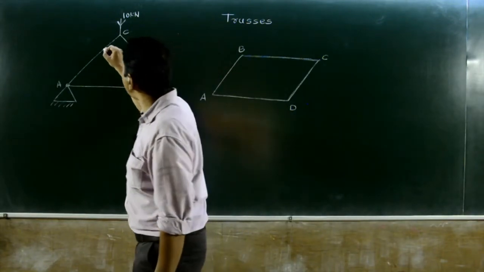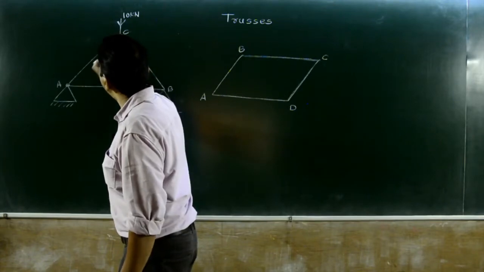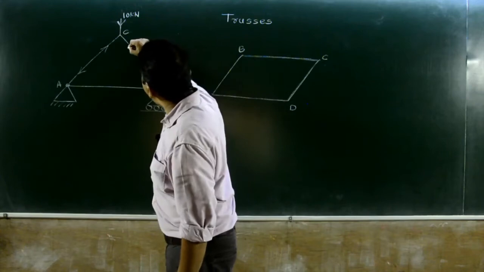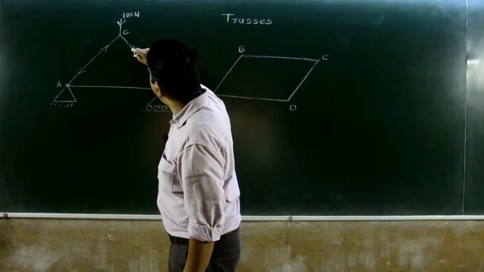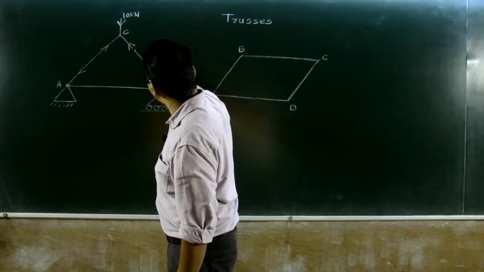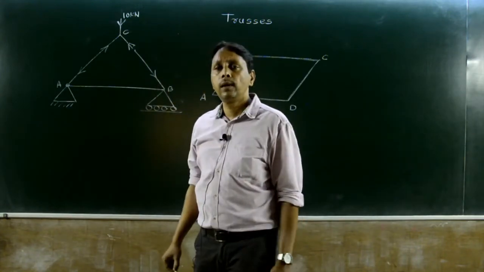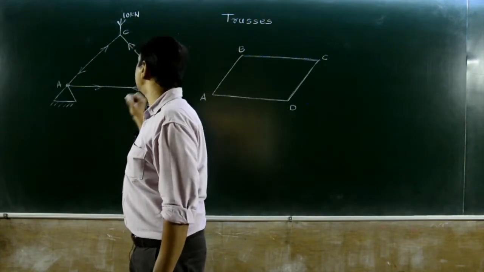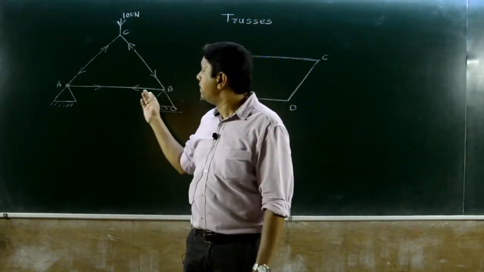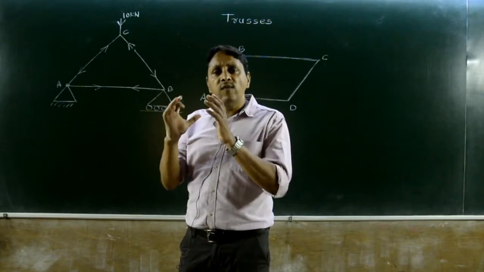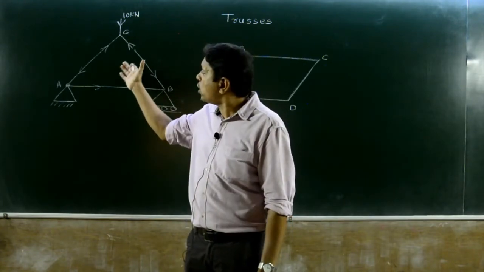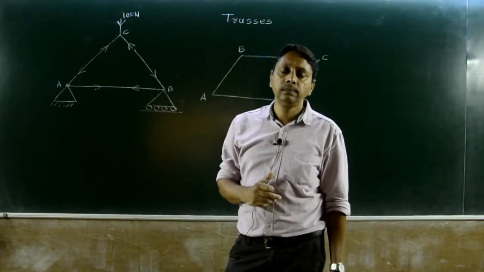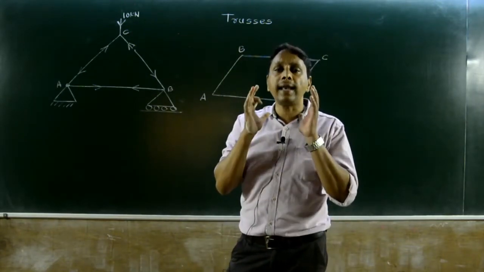Let us assume compression developed. Compression means towards the joint. Like this, a compressive force developed in member AC, and compression always towards the joint in CB also. Let's assume a tensile force developed in member AB. Like this, in every member either compression or tension develops. Finding that is nothing but truss analysis.